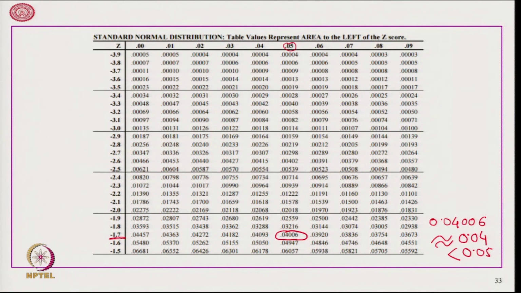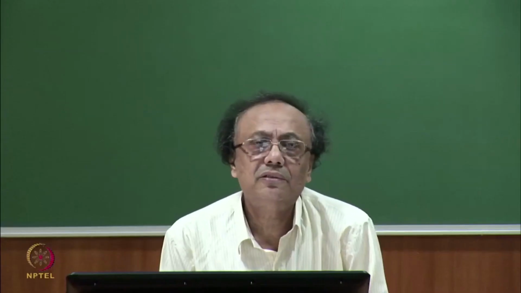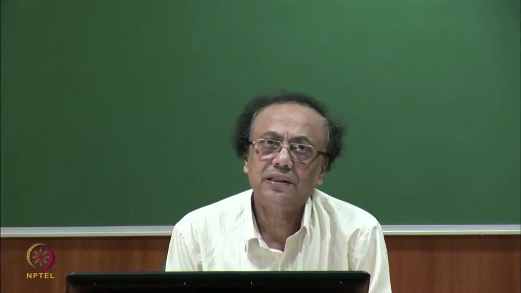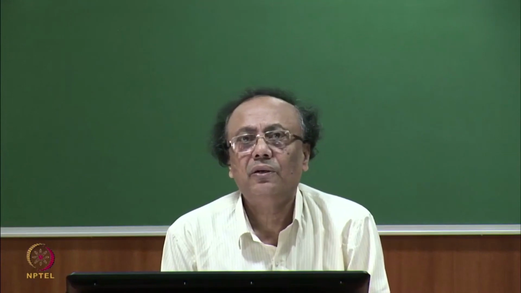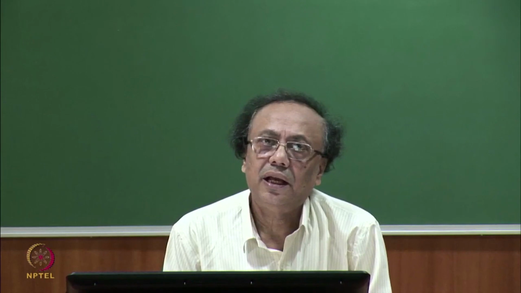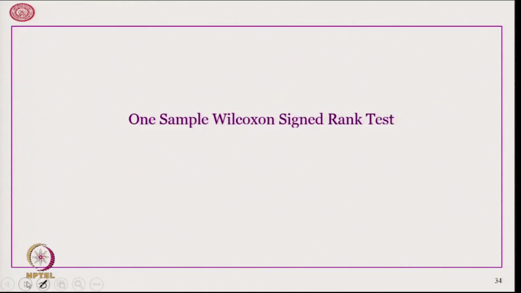So, as I said, it was a very simple test which is called sign test, and like that we can check whether we can accept the null hypothesis that m is equal to m naught. Now, let us look at a slightly improved test which is called Wilcoxon signed rank test.